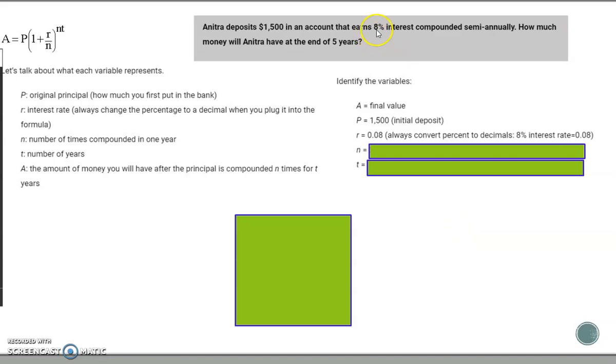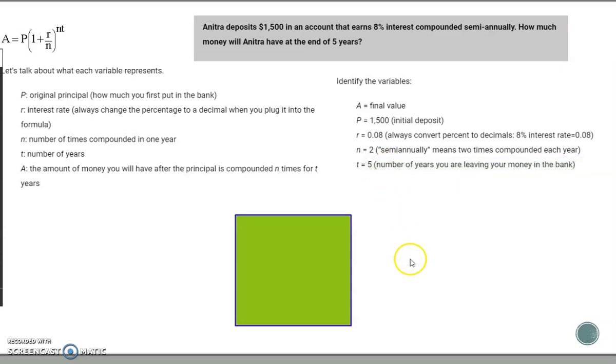And by doing that, you take that 8 and you divide it by 100, and that will turn it into a decimal. That's how I got 0.08. N is how many times it's compounded in 1 year. It says here semi-annually, so that means twice in a year. And T means how many years you are keeping it in the bank, and in this case, it is 5.